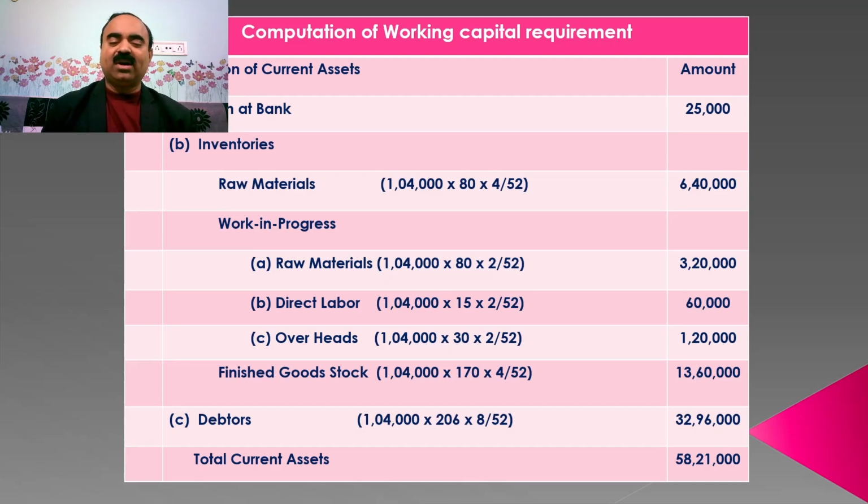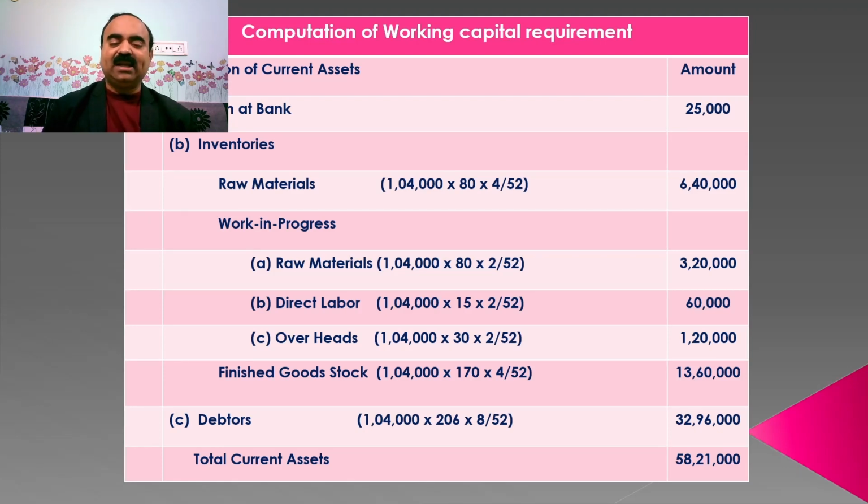Finished goods stock is calculated by multiplying 1,04,000 with the total cost of goods 170 and stock time 4 by 52. Finally, we got the amount of 13,60,000. The third component of current assets is debtors.